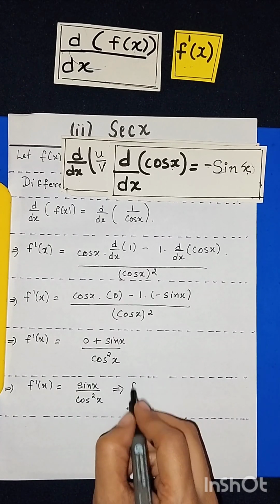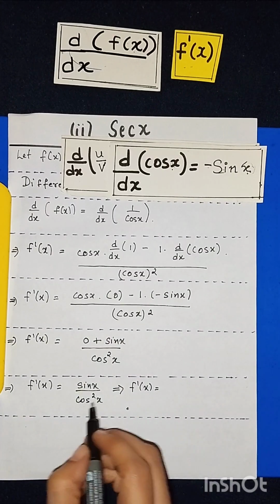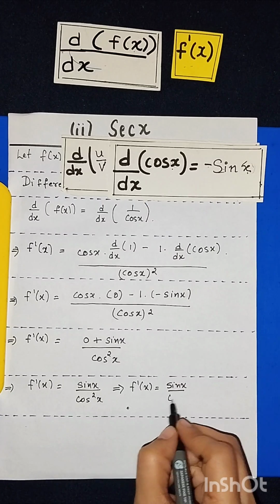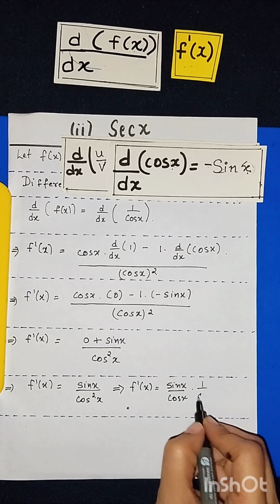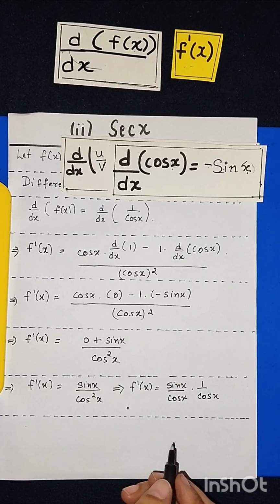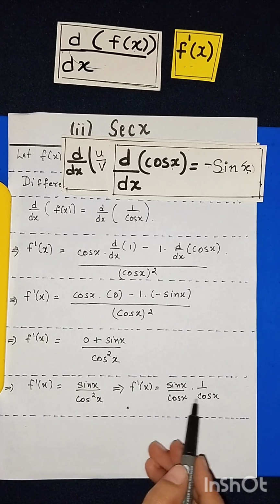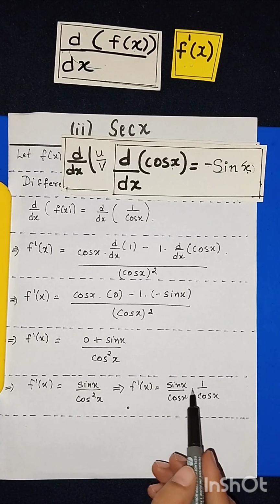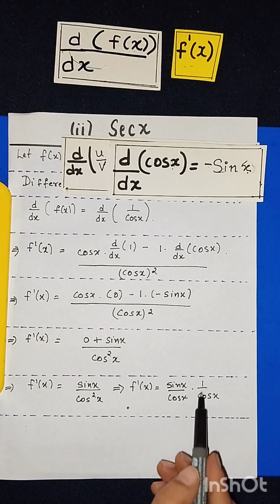Now here we can simplify: sin x into 1 by cos x, so this is cos x into cos x, which is cos square x. Okay, we have written it as fraction into fraction.